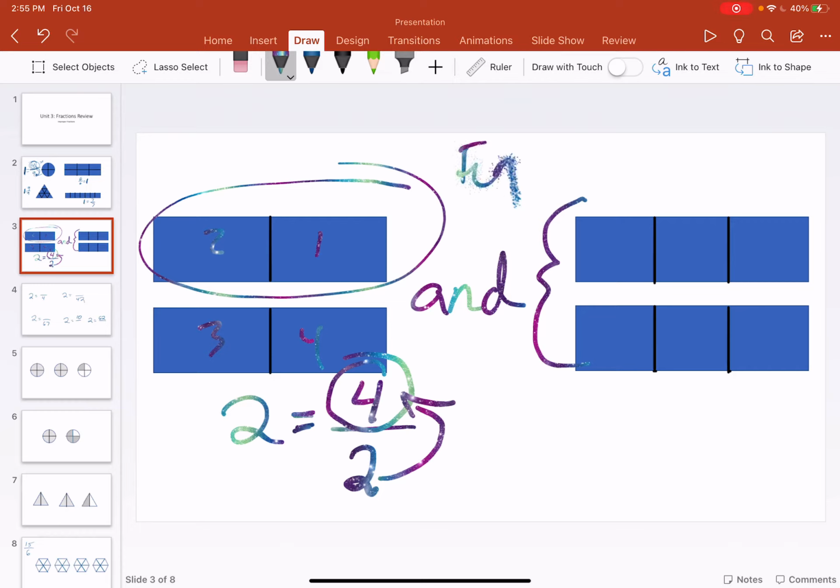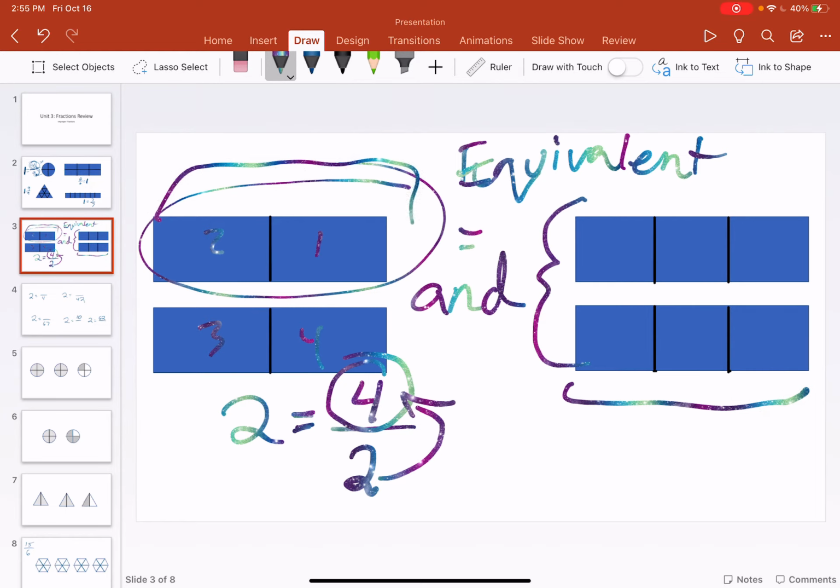Now again, we're looking at this one here, and I'm telling you that it is equivalent. So it's equal, it's the same, like putting an equal sign where this side is equal to this side. I know that I have 2 whole pieces, but one is cut into 3 pieces, and I have 6 pieces in total.